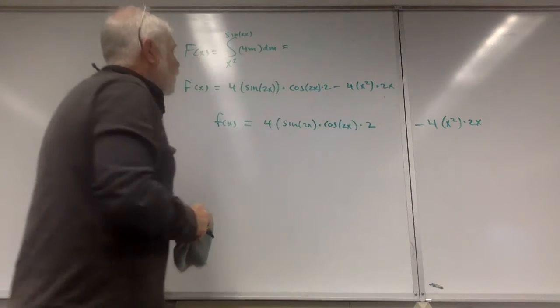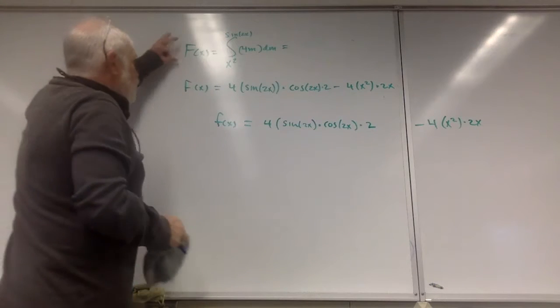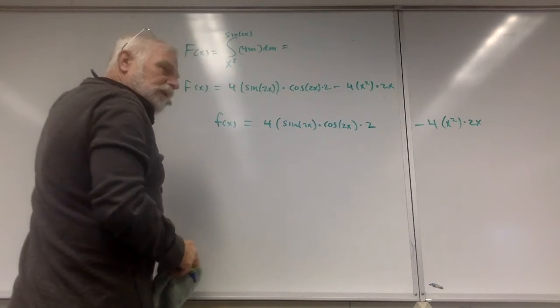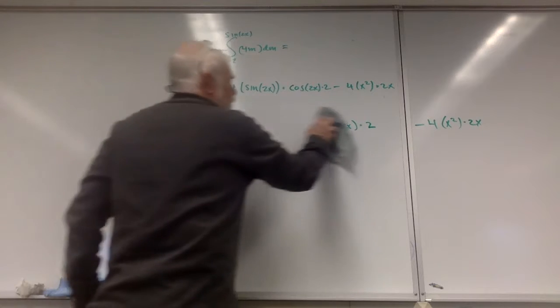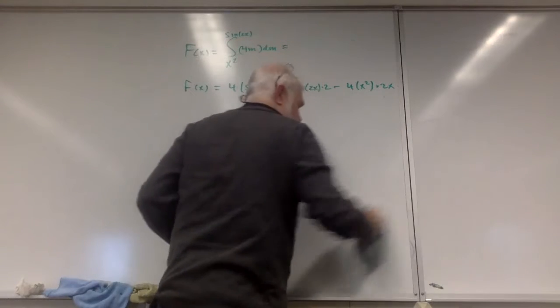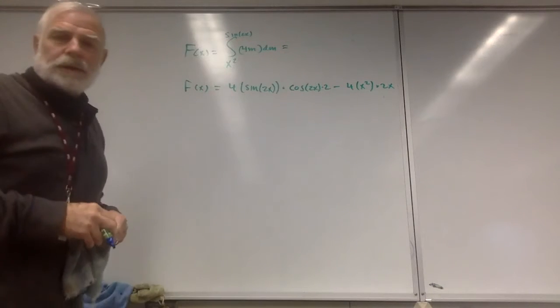Okay, so it's always helpful, I think, to look at an original problem, to look at the answer, and see if you can see a pattern. So you should pause the video right now and look at that.